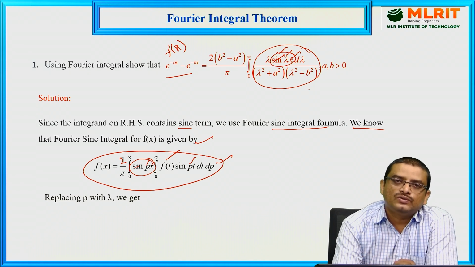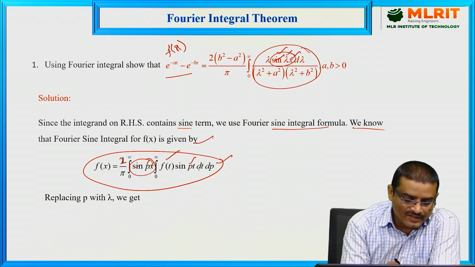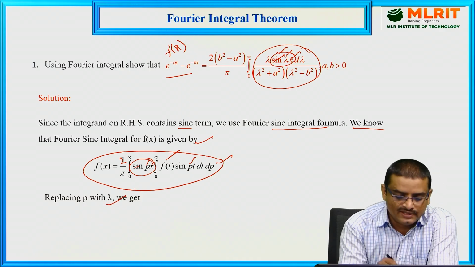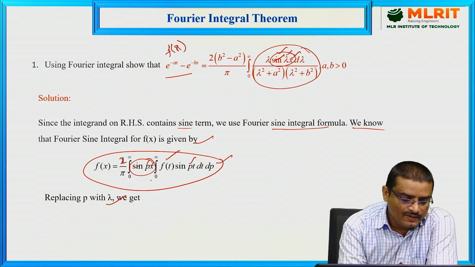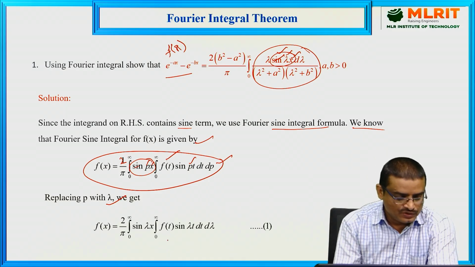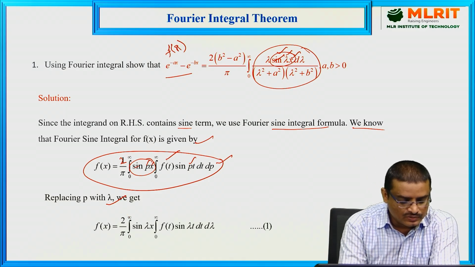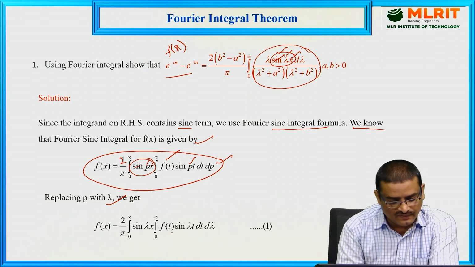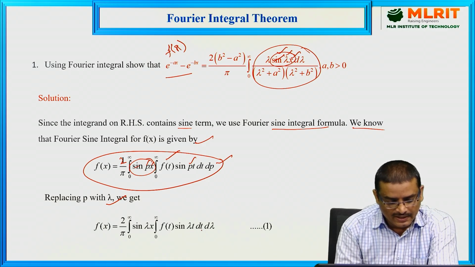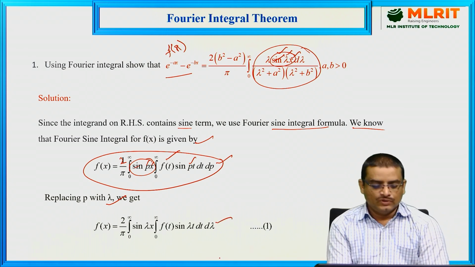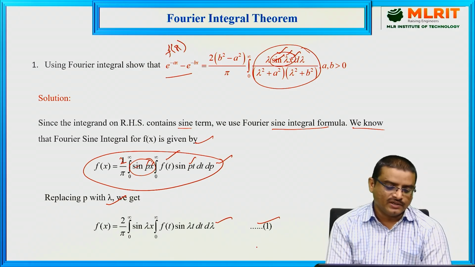In order to convert p to lambda, wherever we are having p, replace that p with lambda. So this is 2 by pi integral 0 to infinity sine lambda x integral 0 to infinity f of t into sine lambda t dt, and dp is replaced with d lambda. Consider this as equation 1.